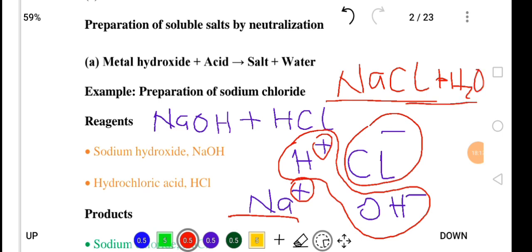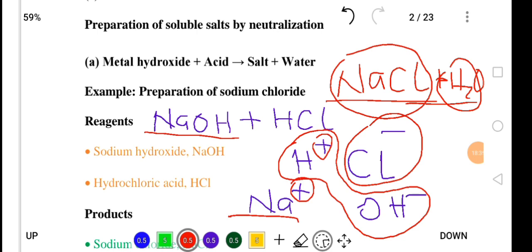The two substances which have been formed, sodium chloride and water, are neutral substances. That's the reason why we are saying the method we are using is neutralization, because a base, sodium hydroxide with the pH of about 13, will react with hydrochloric acid with the pH of about 1, and at the end of the day the two substances will neutralize each other to form sodium chloride and water that are going to have the pH of about 7.